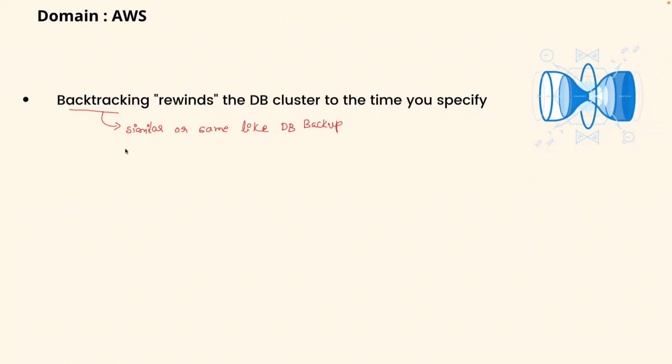Let us take an example. In the Aurora database, we have some tables. These tables have some records. We call them records, right? Now, in this particular table, let us take an example that someone ran a delete command, and it deleted around 700 records.